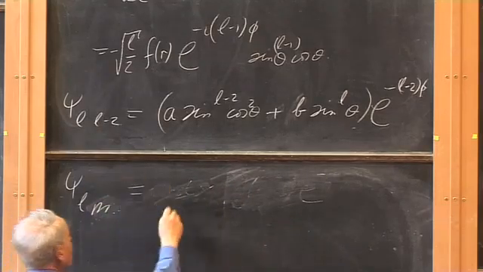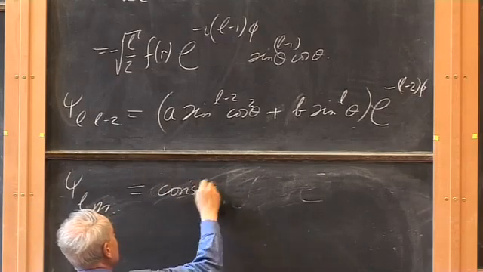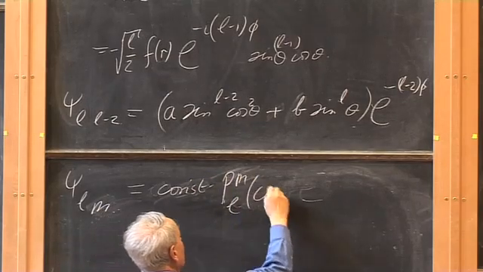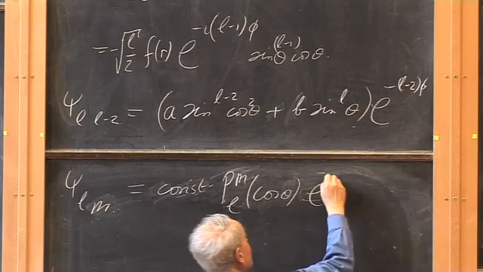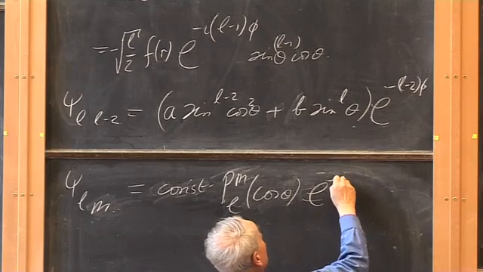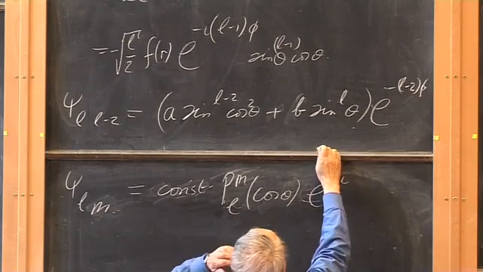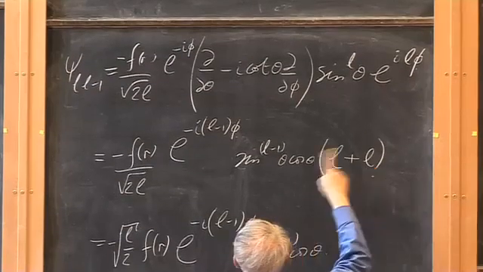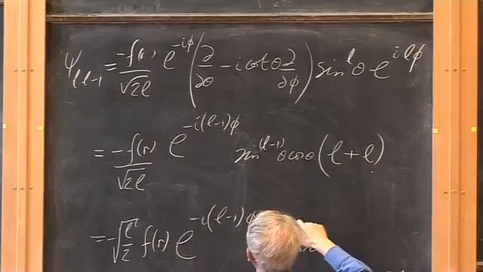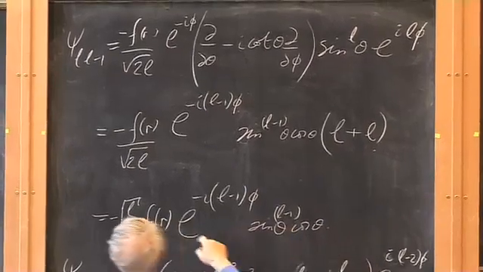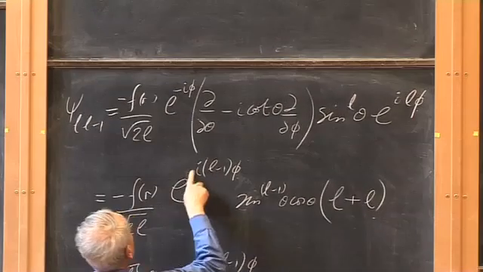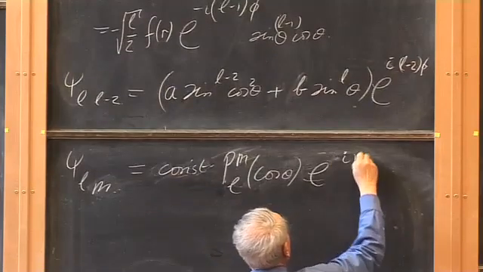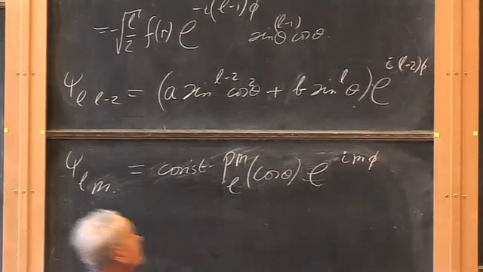If we just keep going, this will turn out to be a normalizing constant times the associated Legendre function PLM of cos theta times e to the minus... sorry, that's an I, not a minus, isn't it? Yeah. This should have been a plus. E to the I m phi.